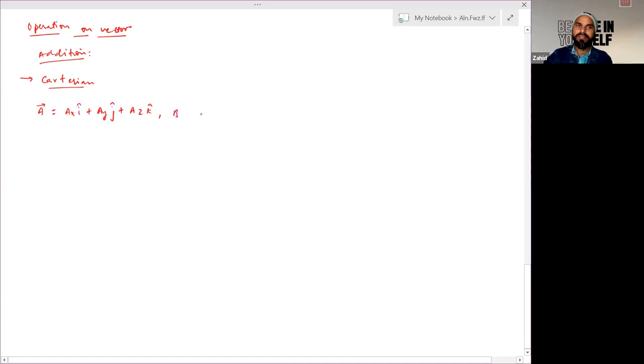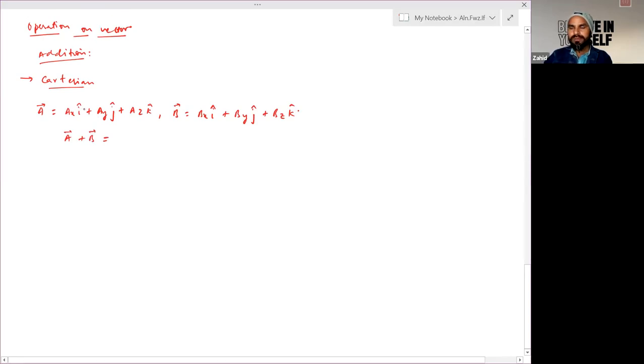Similarly, vector B will have bx i cap, by j cap, and bz k cap. Now, if you want to add them, it will be A plus B equals to.